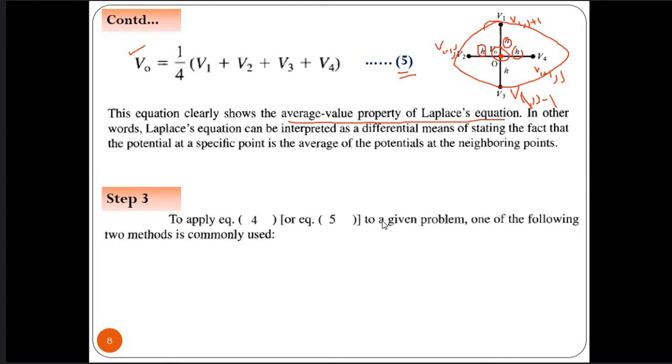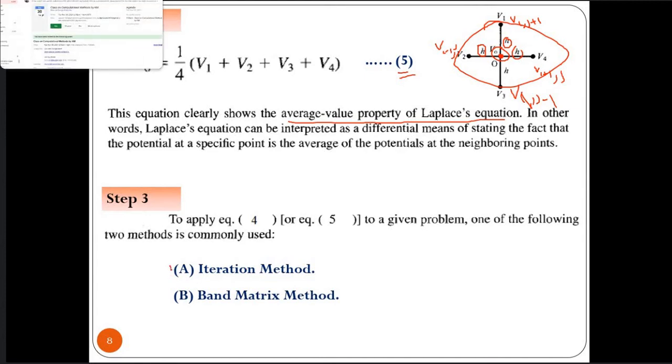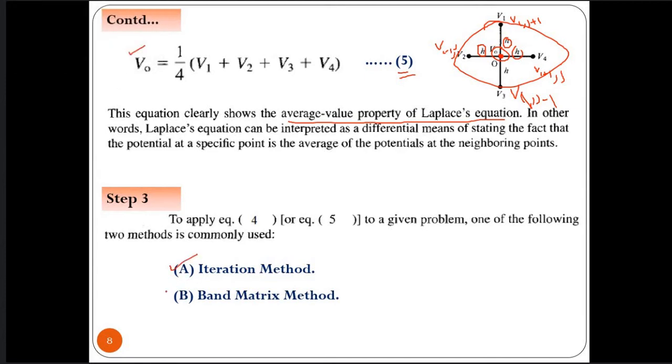That means at the end of step 2, in your hand there is a set of linear algebraic equations. Now you have to apply some technique or method to solve the corresponding set of equations. In case of the finite difference method, we will basically use these two techniques: one is the iteration method and another is the band matrix method.